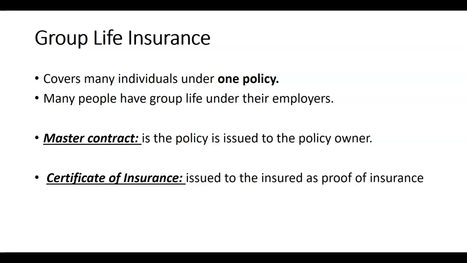Group life insurance is an example of third-party ownership. A group life insurance policy is written as annual renewable term life. So that's cool.